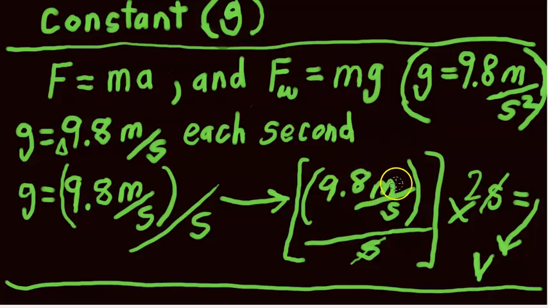So after 2 seconds, the object would have an instantaneous velocity of 19.6 meters per second. After 3 seconds, 19.6 plus 9.8, it's going to be around 29 meters per second. That pretty much shows the usefulness of looking at the equation in its expanded form.